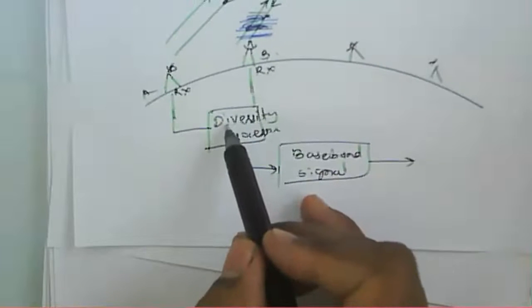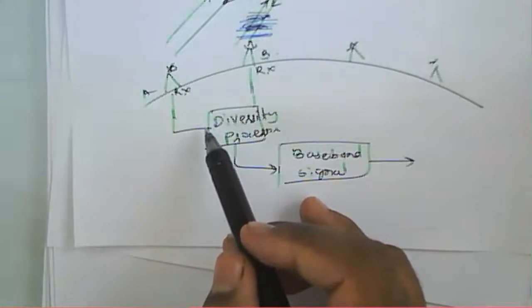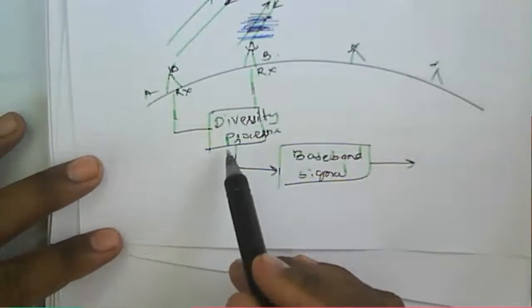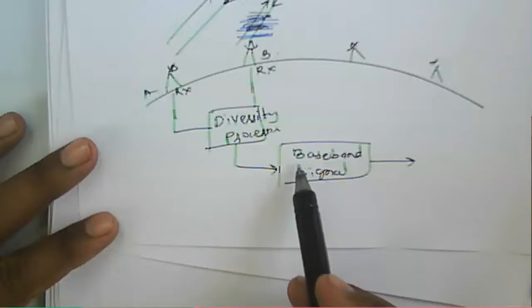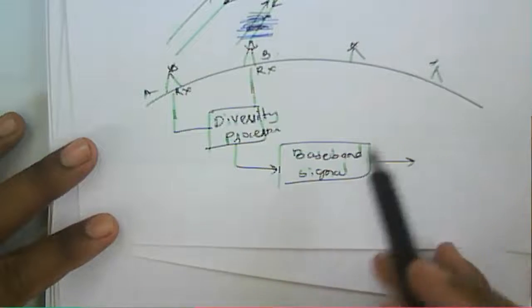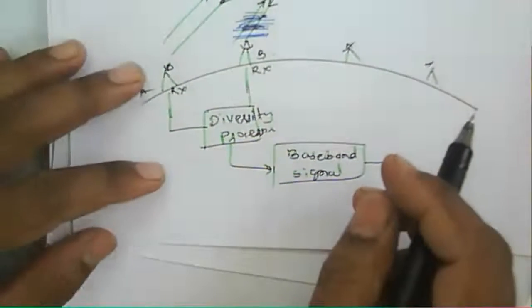The center compares the two received signals and selects whichever signal is better in terms of signal strength. That selected signal is then used for reception, and that is nothing but a space diversity.